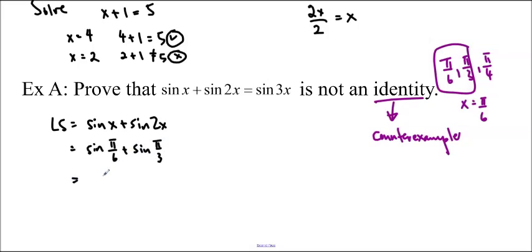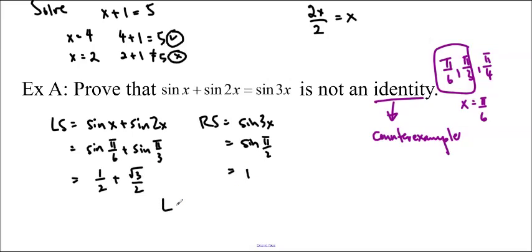And I know sine pi over 6 is 1/2, and sine pi over 3 is root 3 over 2. For the right side, sine 3x is going to equal sine of pi over 6 times 3, which is pi over 2. Sine pi over 2 is 1, so we can see 1/2 plus root 3 over 2 is not equal to 1, so the left side is not equal to the right side, and I have found a counterexample.